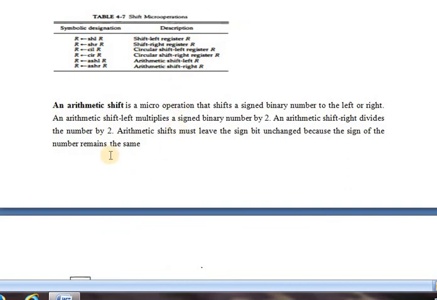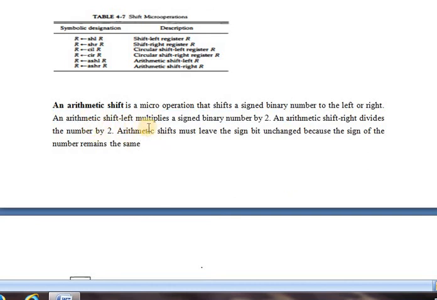Now, an arithmetic shift is a micro operation that shifts a signed binary number to the left or right. See here, arithmetic shift left, arithmetic shift right. Arithmetic, as you know, means addition and subtraction, so a signed binary number is shifted to the left or right.